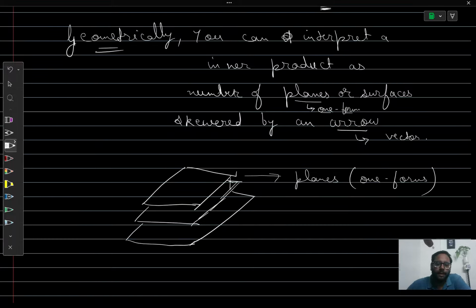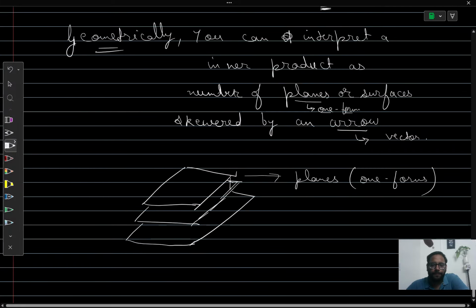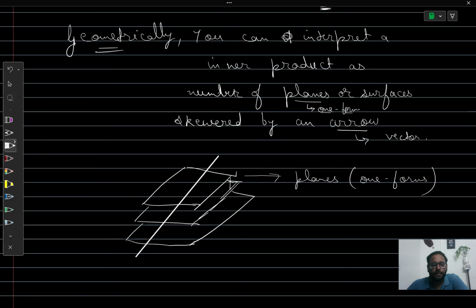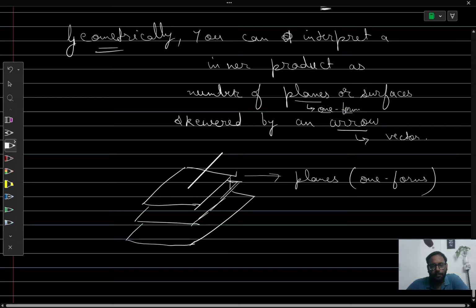And there is an arrow. So this is an arrow, this is a vector.